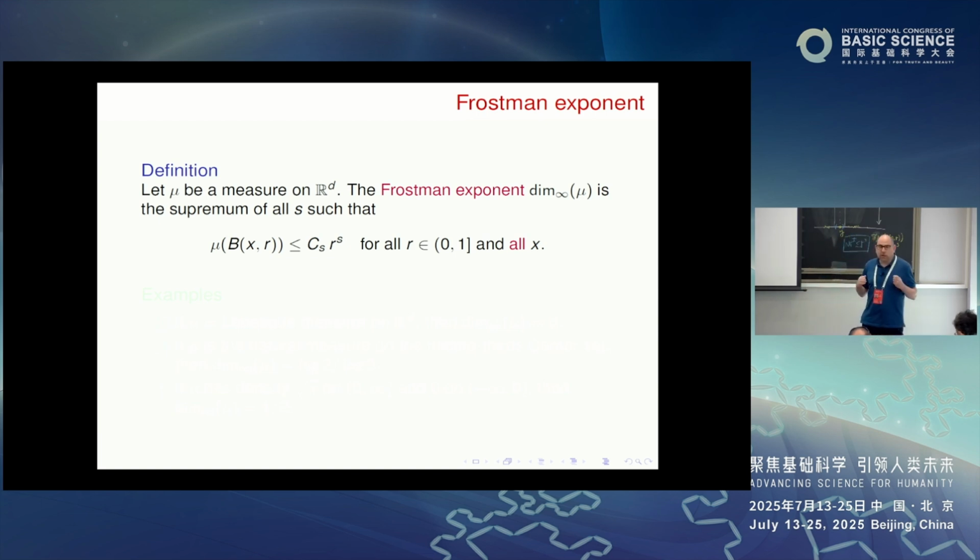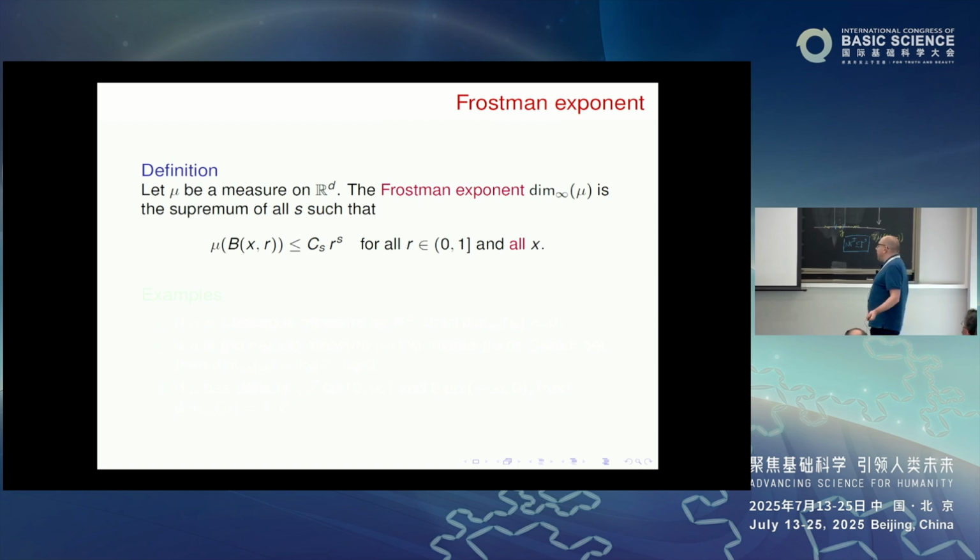So this is a crucial distinction. Not only do I want s to control the measure of every ball, but I want to control the measure of every ball with a uniform constant, which also doesn't depend on the point. So a very, very uniform control on the mass of balls.